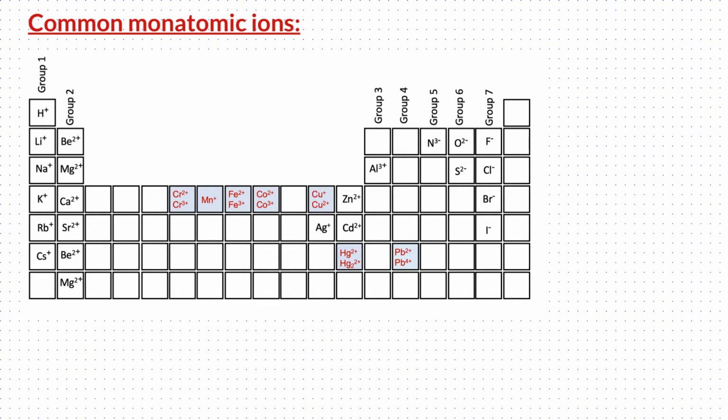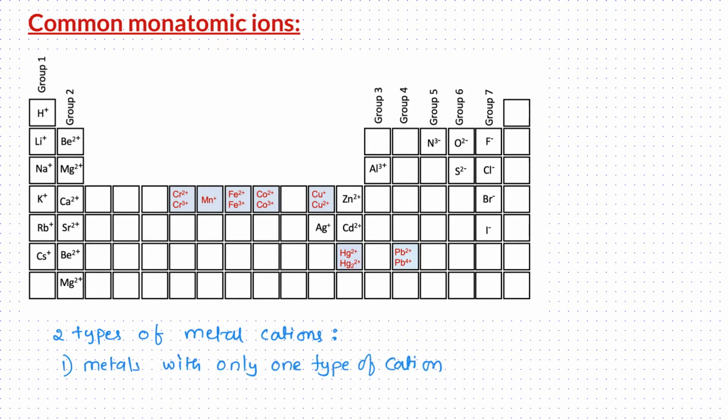We still haven't defined what type 1 ionic compound means. To define that, let us focus on the metal cations. We can classify all the metal cations present in the periodic table into two different types. One, the metals that can form only one type of cation, and two, the metals that can form more than one type of cation.